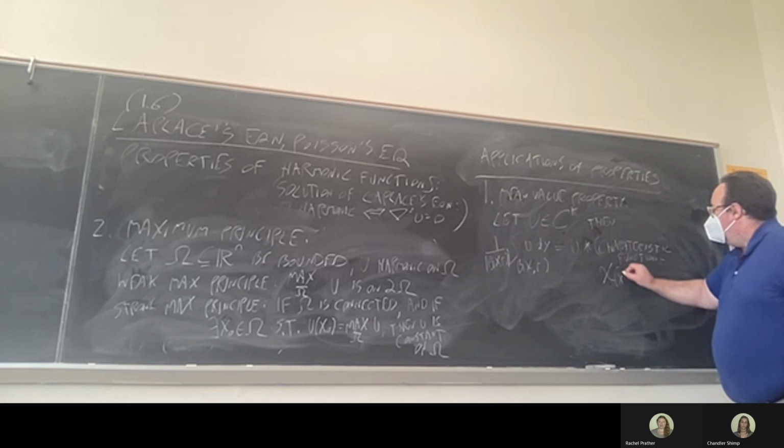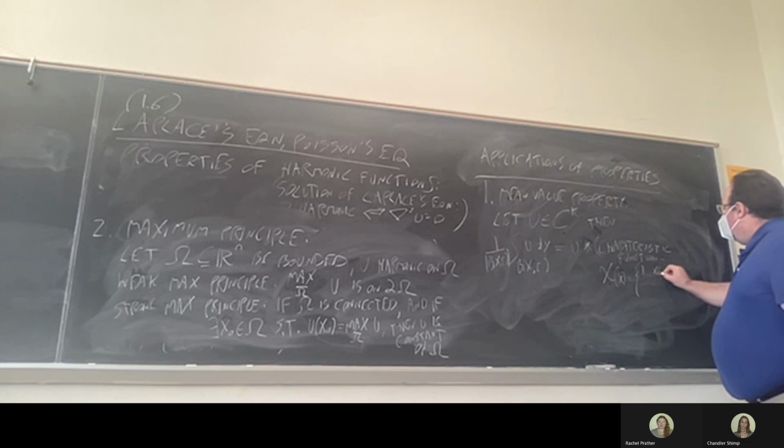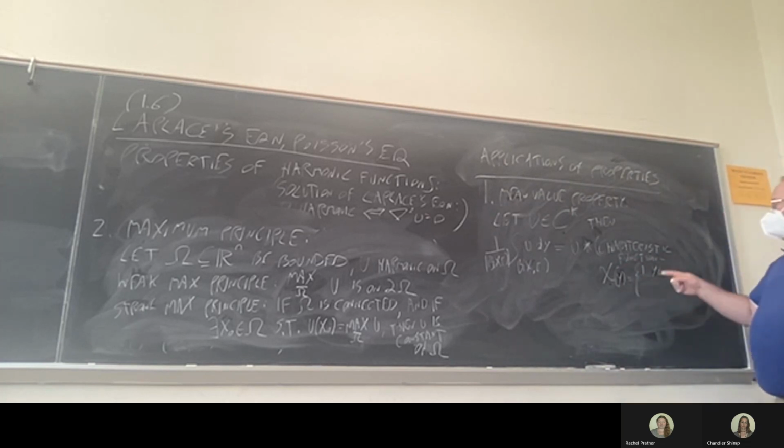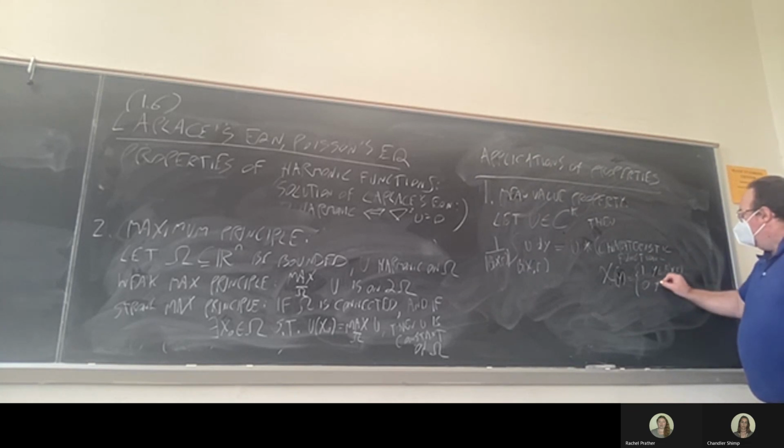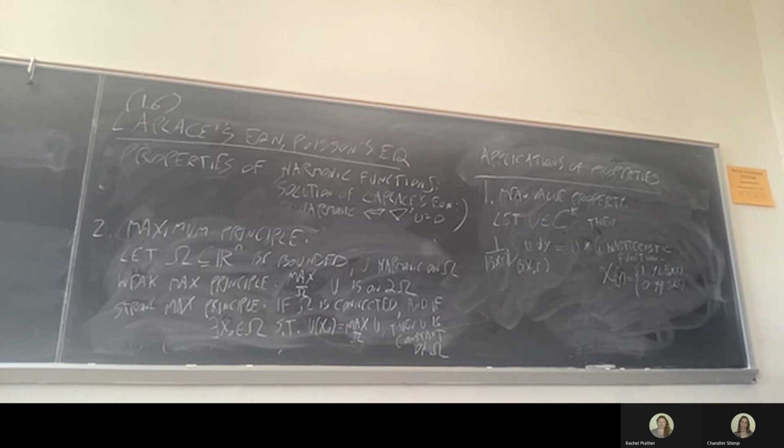So a characteristic function in this case, chi of y, is equal to 1 if y is in the ball, 0 otherwise. Okay. Now, the convolution has the effect of making a function smoother.